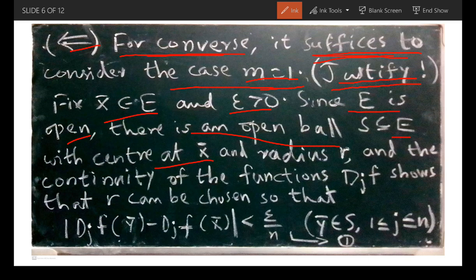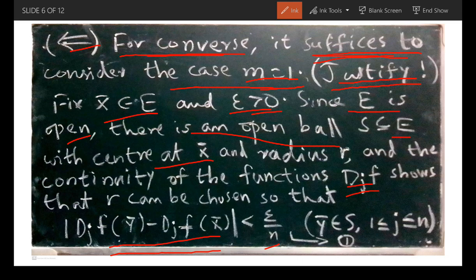So since d1f is continuous, for this epsilon greater than 0, I will get a delta 1 greater than 0 such that modulus of dj f at y minus dj f at x is less than epsilon by n. And since d2f is continuous, modulus of d2f at y minus d2f at x is less than epsilon by n whenever norm of y minus x is less than delta 2, and so on.